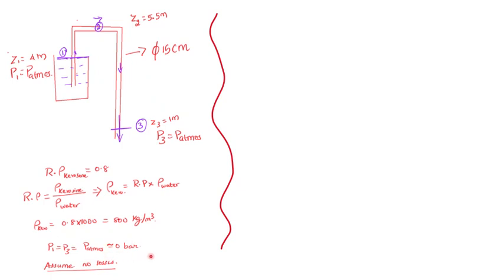Fantastic. Now the volumetric flow rate and the pressure 2. In order to find the volumetric flow rate, we need the velocity through which the oil is flowing through the pipe.